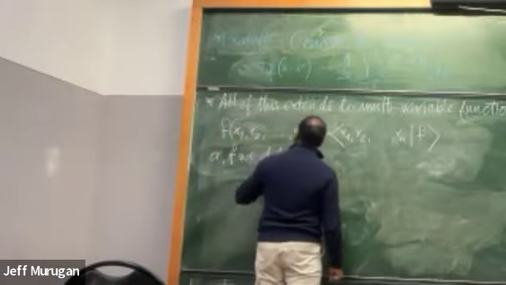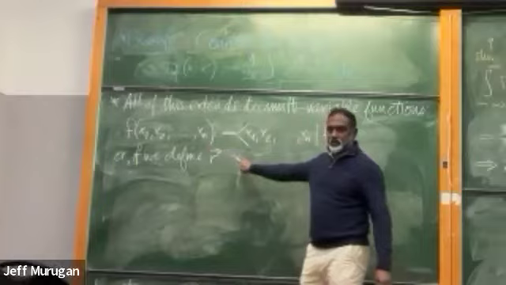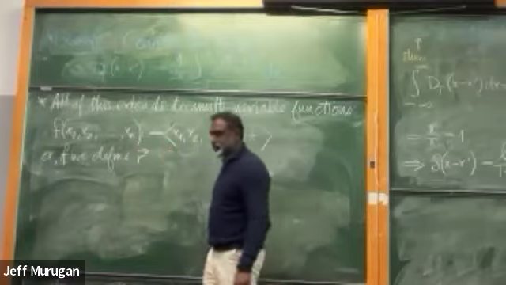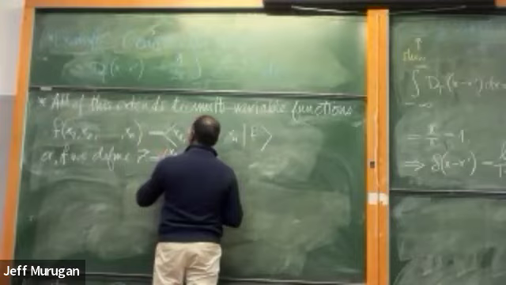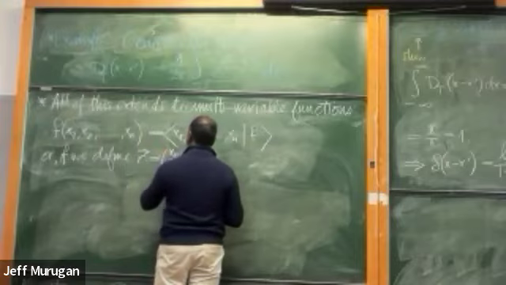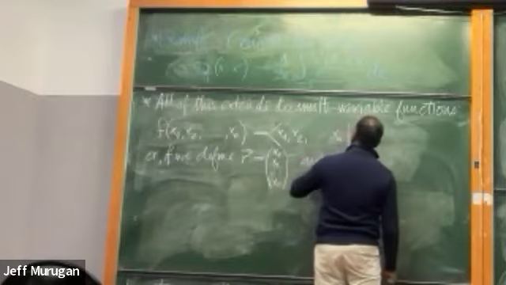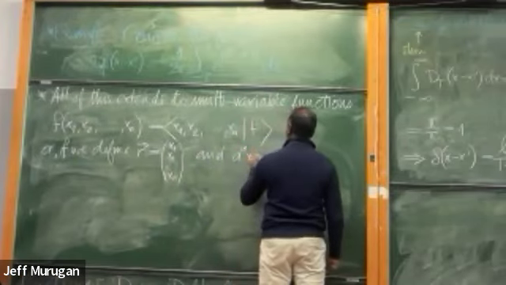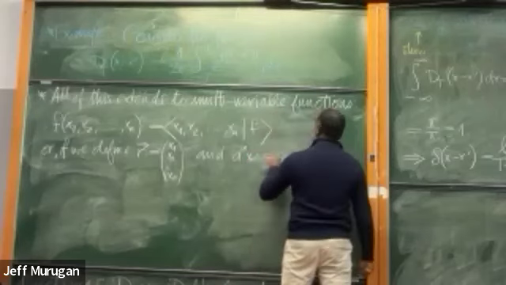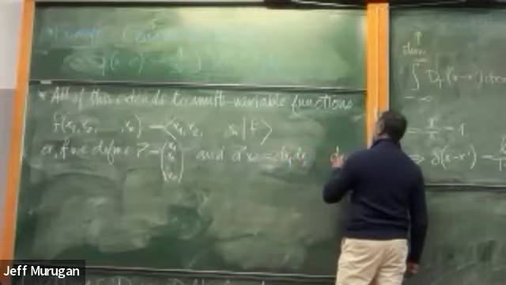Or if we define, say, the vector r, now I mean a normal vector in n-dimensional real space, which I'm going to define to be x1, x2, all the way to xn. It's an r vector, and let's say d^n x, which I'm going to define to be dx1, dx2, all the way to dxn.